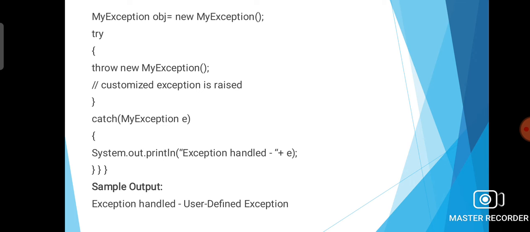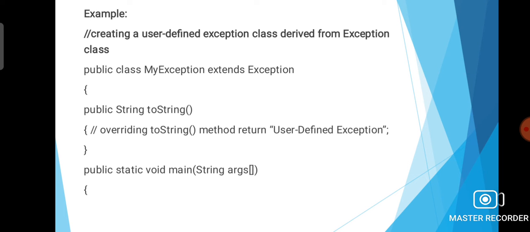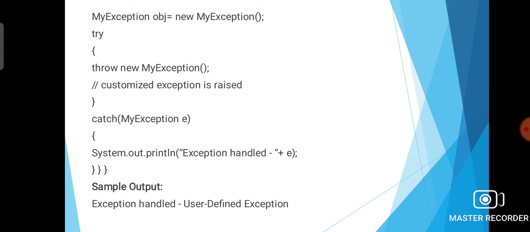And in the catch block we have one statement, System.out.println exception handled, e. E is the exception object. So simply this is the layout, a sample format for a user-defined exception. In this program we have the customized exception that arises from the try block and will be handled in the catch block.